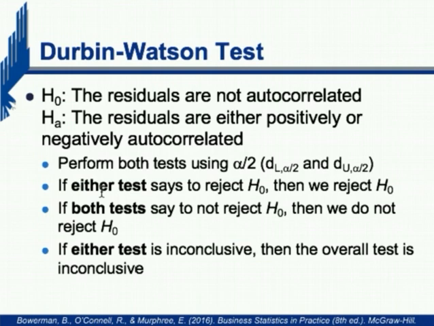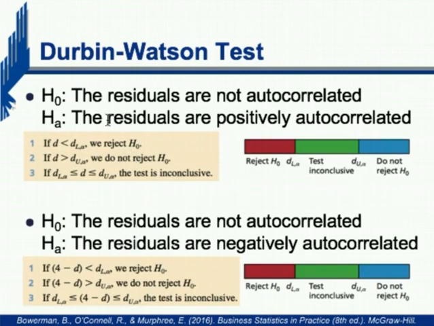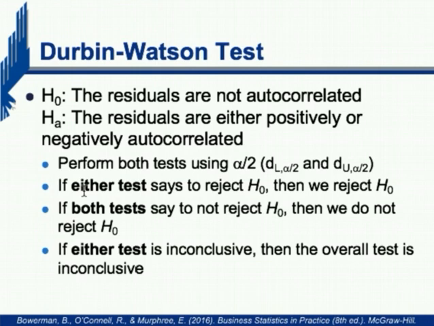First, if either test says to reject the null hypothesis, then that should be the correct interpretation. For example, if we perform the first test and we were able to conclude that there is positive autocorrelation, and then the second test says that there is no negative autocorrelation, then we can say that there is positive autocorrelation. So either test should be able to reject for us to say that that is the kind of autocorrelation present in the residuals.